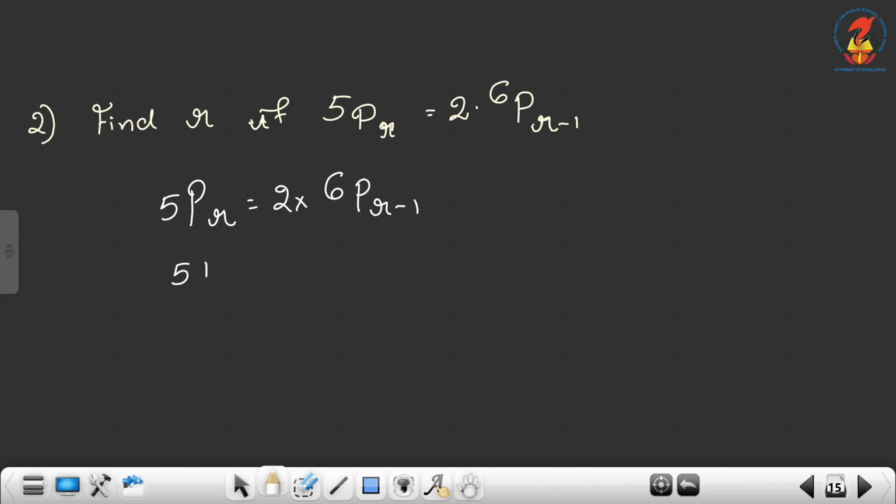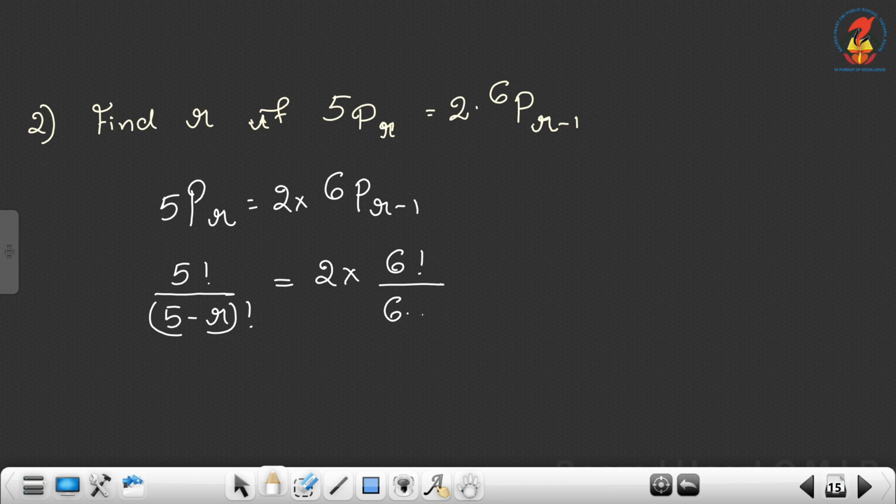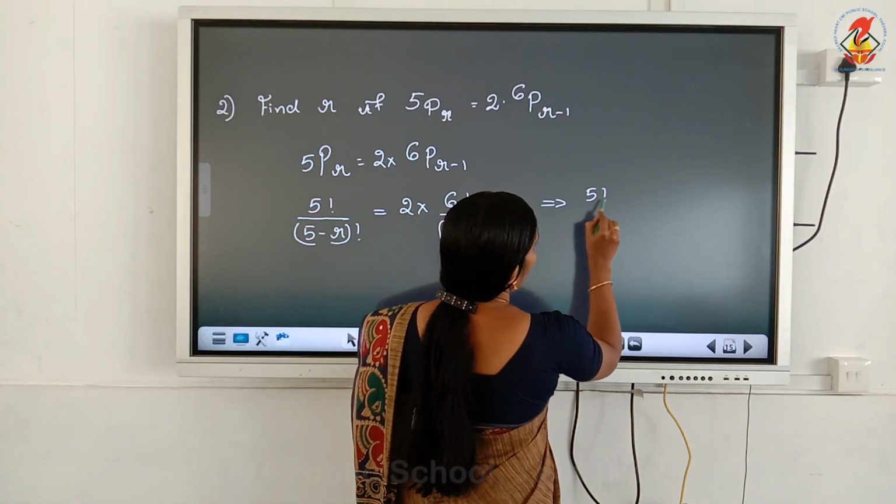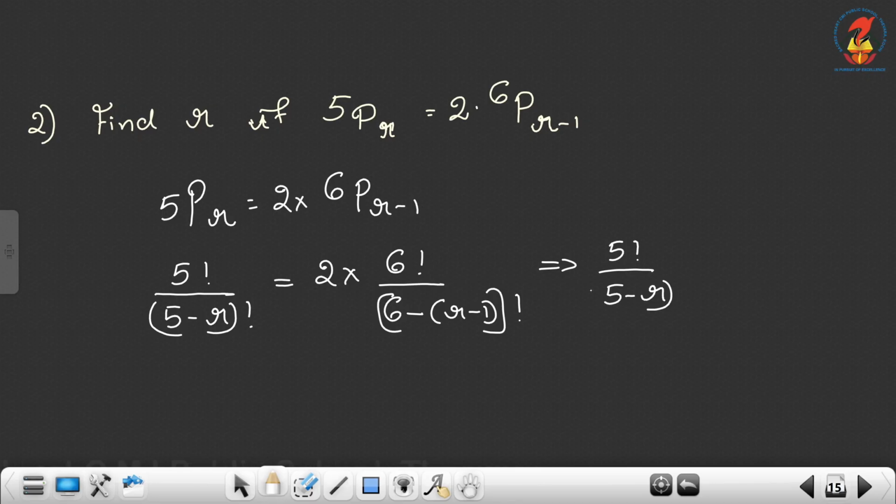By the definition, 5Pr is 5 factorial by (5 minus r) factorial. It's equal to 2 into 6 factorial by (6 minus (r minus 1)) factorial, which implies 5 factorial by (5 minus r) factorial equals 2 into 6 factorial.